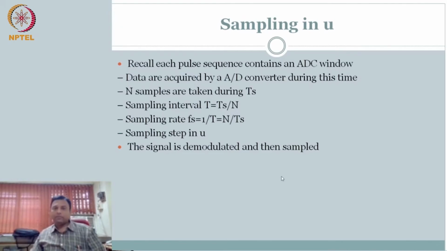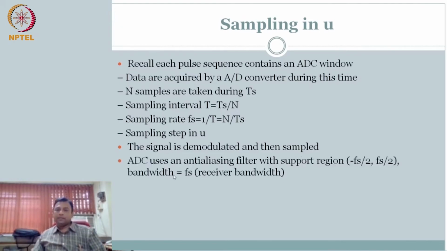The signal is demodulated and then sampled. So before you do ADC, we are always interested in anti-aliasing. You need to do an anti-aliasing filter, for the highest frequency, correct? That is the whole idea. I want to satisfy Nyquist. Similar concept here. It's the same signal.